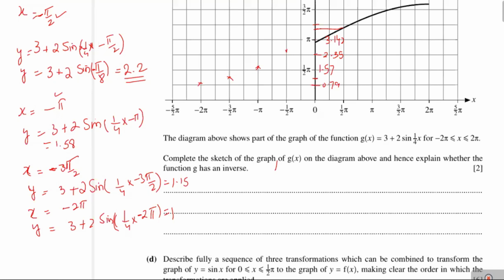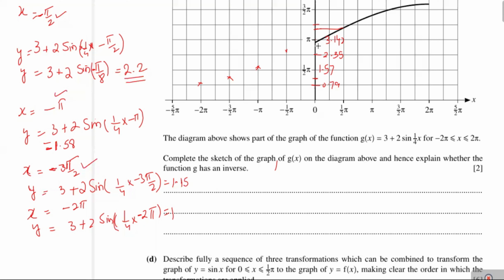For x equal to minus pi, the value is equal to 1.58. Same here, x equal to minus 3 pi over 2, the value of y becomes 1.15. You can calculate this value by substituting the value of x in this formula. And same here, x equal to minus 2 pi, the value of y is 1.